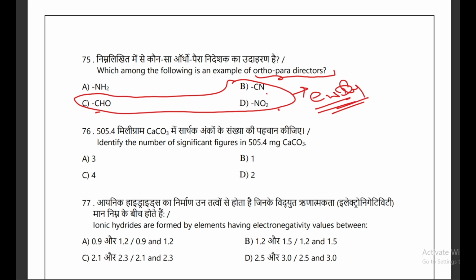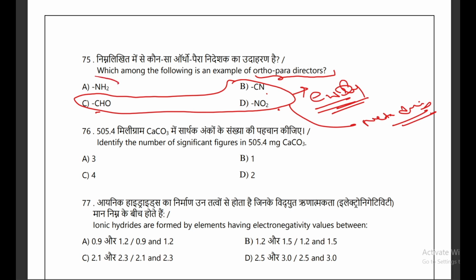And actually what will happen, these electron withdrawing groups abstract electron density from ortho and para positions, due to which the electrophile does not attack properly at ortho and para positions and will attach at meta positions in these cases. So these are meta directors for electrophile.